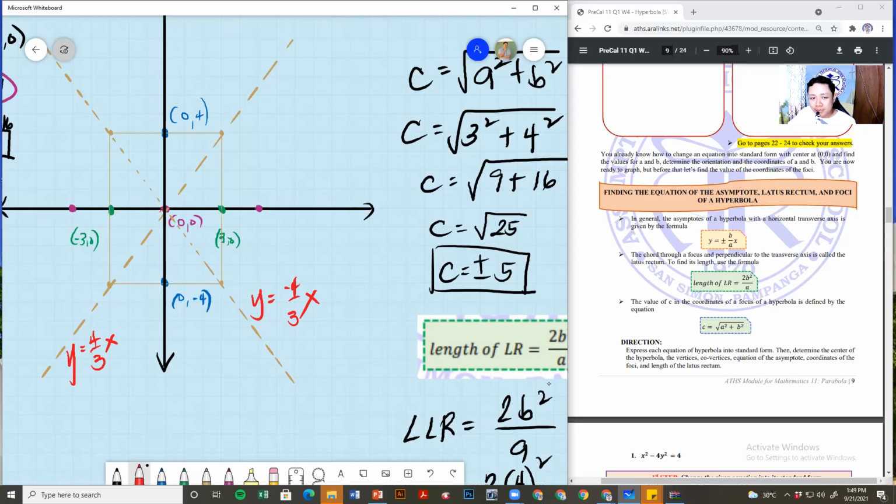Let's now do it. 1, 2, 3, 4, 5.33, somewhere there, 1/3. There you go. Let me verify. 1, 2, 3, 4, 5.33. That's it. Let's do the same thing here below.